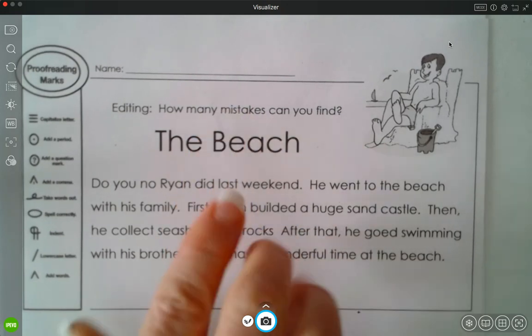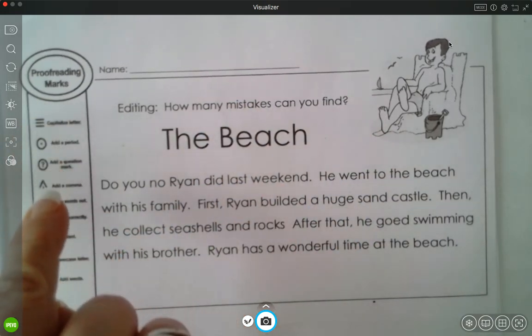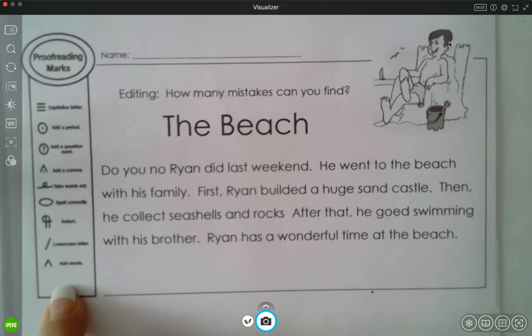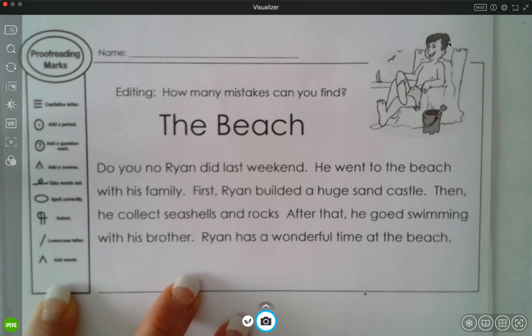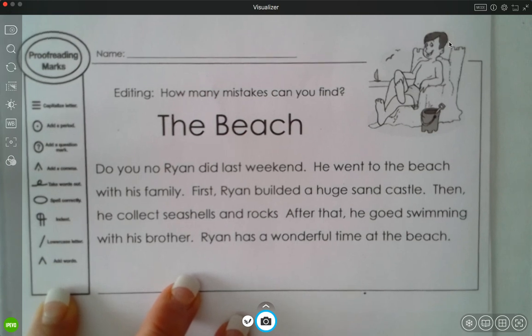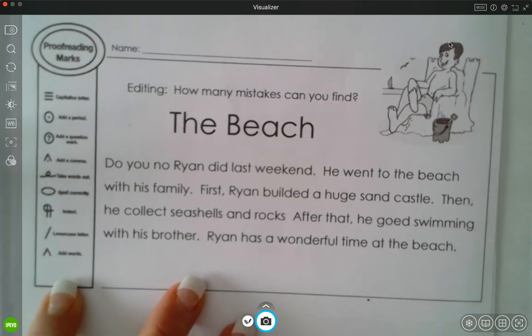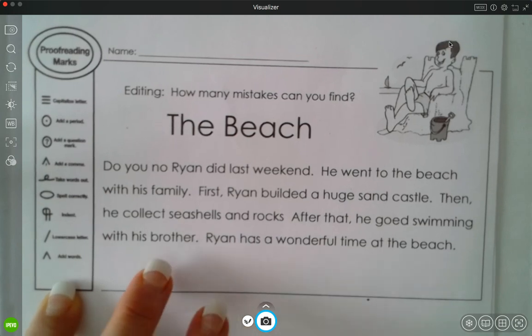We're going to use our proofreading guide over here, these proofreading marks. So if you are not sure how to mark your page, you'll be able to look to the left. For this particular lesson, I am going to be marking some places where there are mistakes, and you will be answering with how to make that mistake correct.